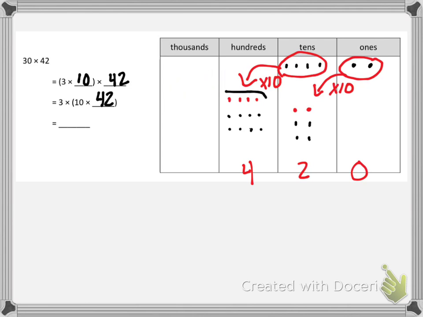So here we go. We're left with 2 in the hundreds, and we bring this over to the thousands. So right here, we are left with 2. And over here, we are left with 6. So let's see what it's equal to.